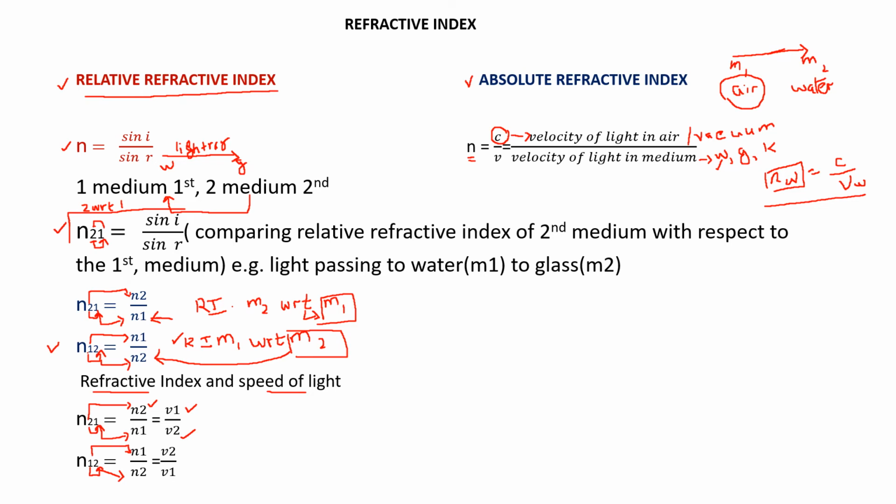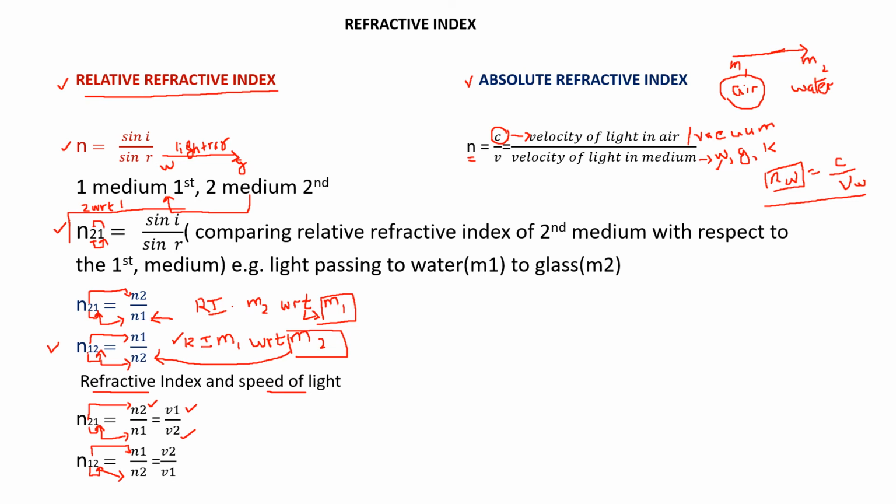This will be just opposite of the ratio you have written. This is the ratio of refractive index, and this is the ratio of velocity of light in two mediums. So the ratio of velocity of light in two mediums is just the reverse of the ratio of refractive index in two mediums, right?